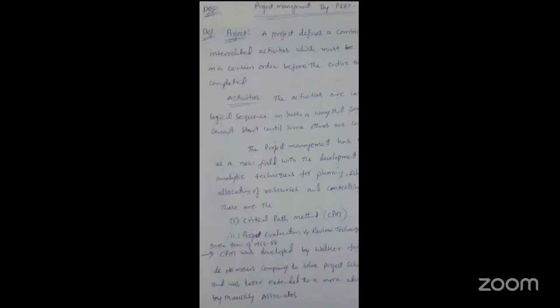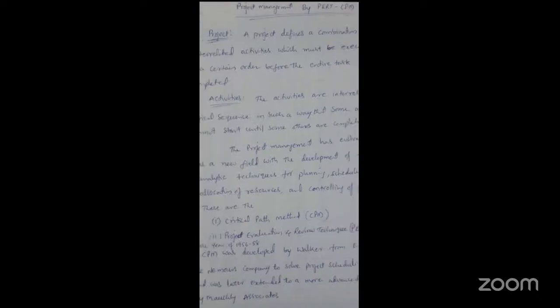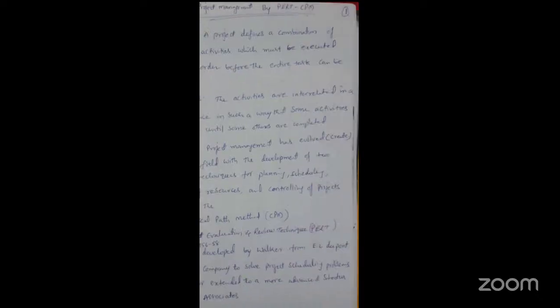Under this, we have two major definitions: activities and nodes. First, what is the meaning of activities? Activities are interrelated in a logical sequence in such a way that some activities cannot start until some others are completed.